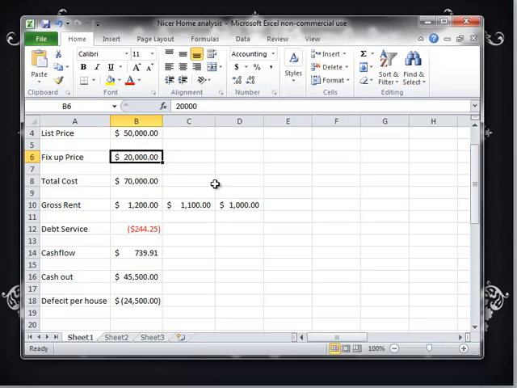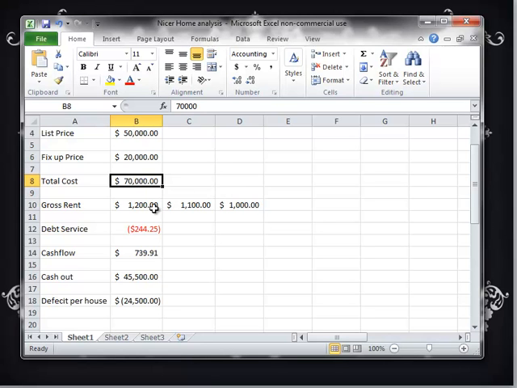Maybe there was a late water bill on the property, or a water lien, or maybe we had to pay the gas company to turn the gas on. We didn't find that until we started working on it. But the total fix-up price, with all that stuff rolled in, is $20,000. So the total cost to get the house rent ready is $70,000, or $50,000 plus $20,000.